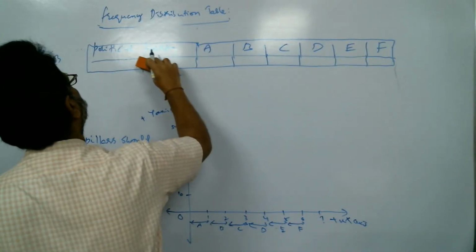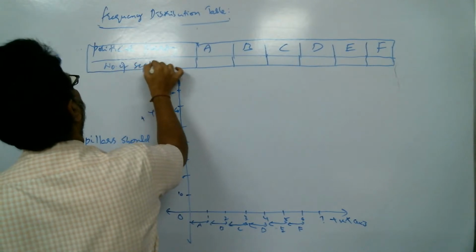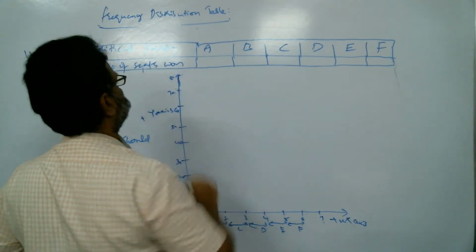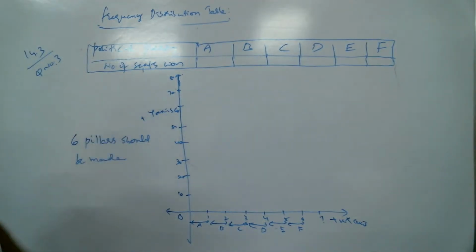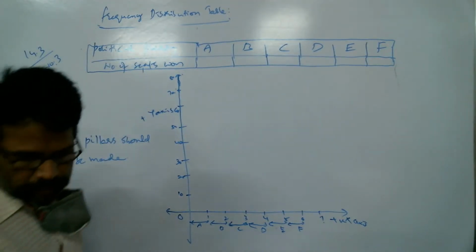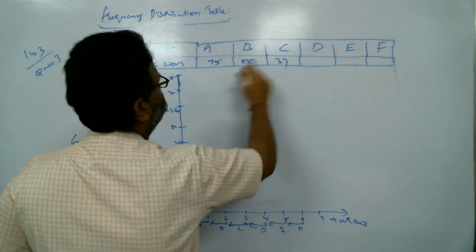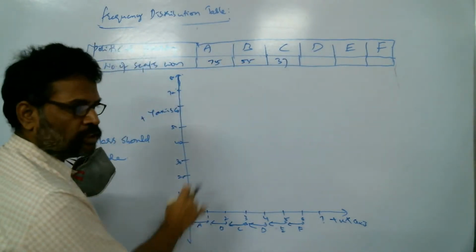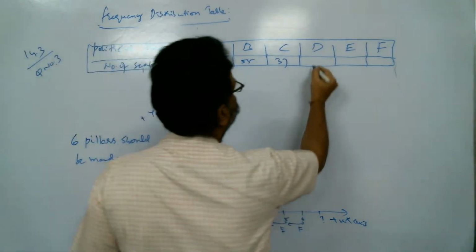This one, number of seats. Okay, up to 80 we have gone. Because no need to go beyond 80 because highest is 75 only. We'll see here. 75, 55, 37 scale you have to take suitably. So all these numbers should satisfy in this. That's why you have to take the scale, right? 29, 10, 37.